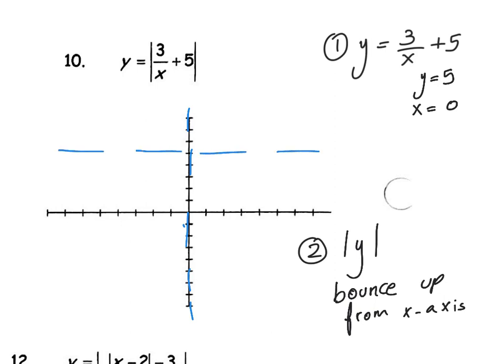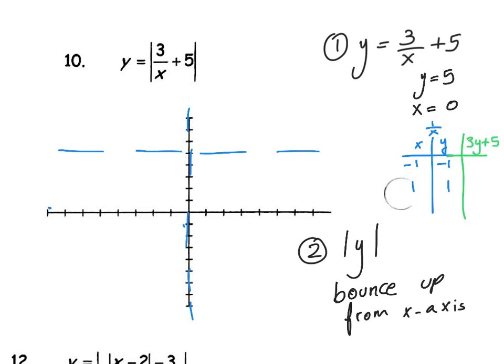Okay. Now let's start with the parent table of 1 over x. Now if x is negative 1, y is negative 1. If x is 0, that does not exist. If x is 1, y is 1. So that's my x and y value. Now I do have an a of 3 and a k, so I need to multiply the y by 3 and then add a 5.